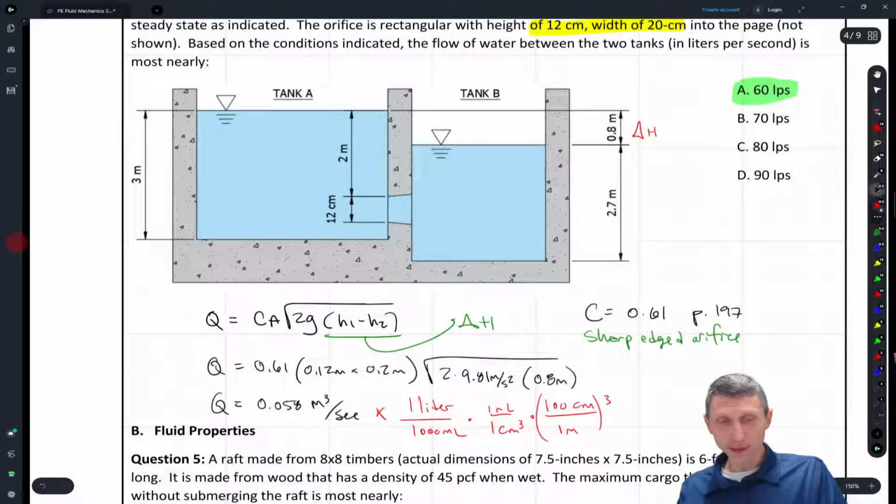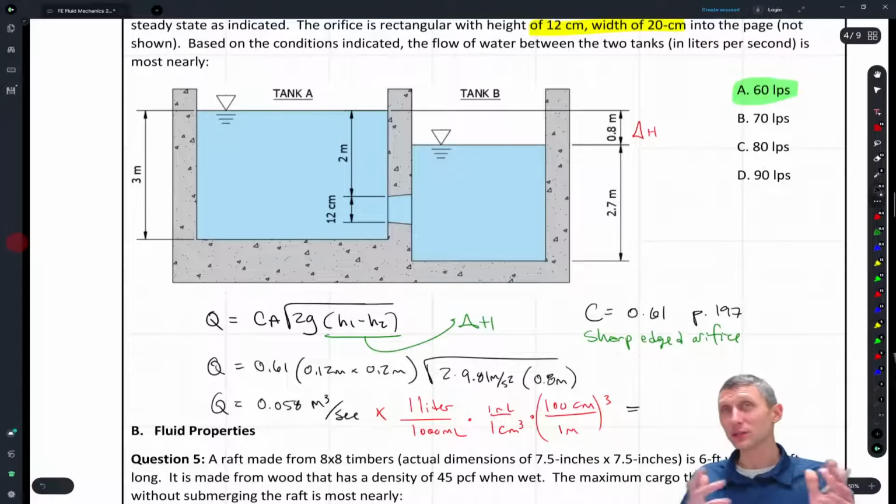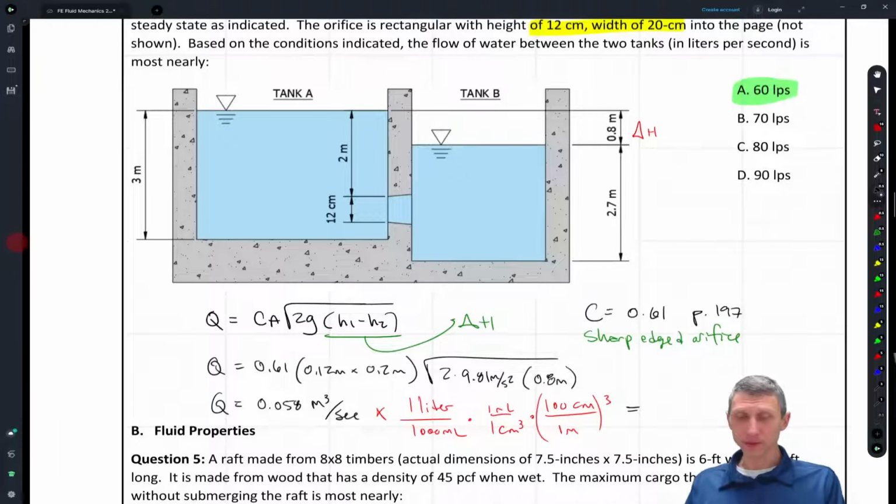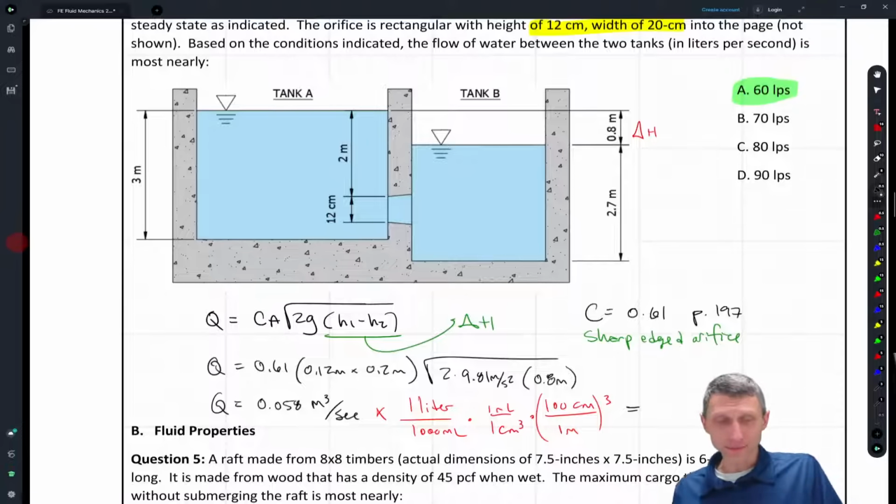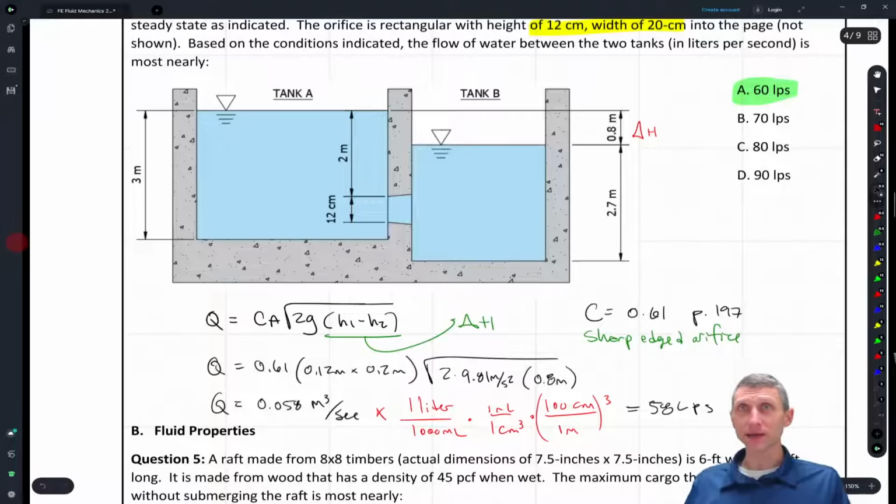So if we want to do a unit conversion, we essentially get 0.058 times 100 to the 3 divided by 1,000, right? If I can plug it into my calculator, that always helps. And that does get us to 58 liters per second, which is close enough to 60 that we'll call it 60.